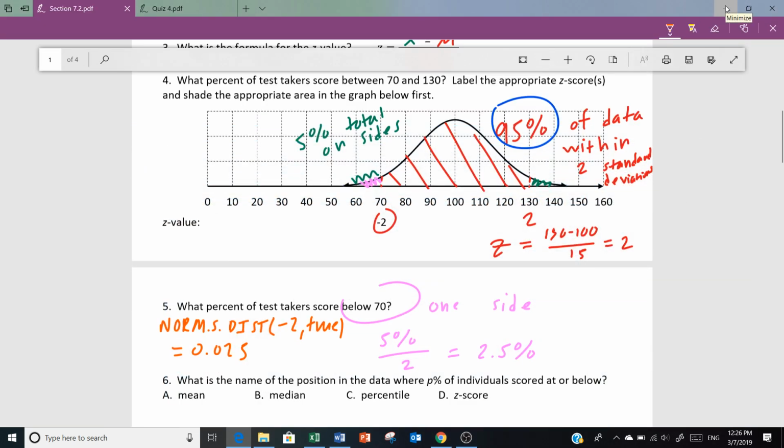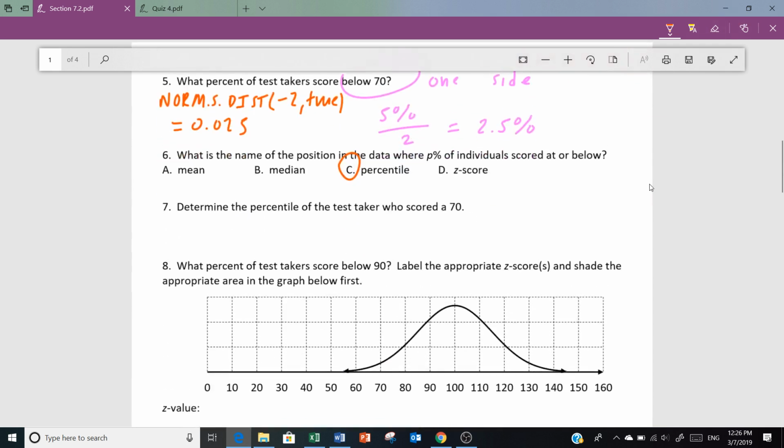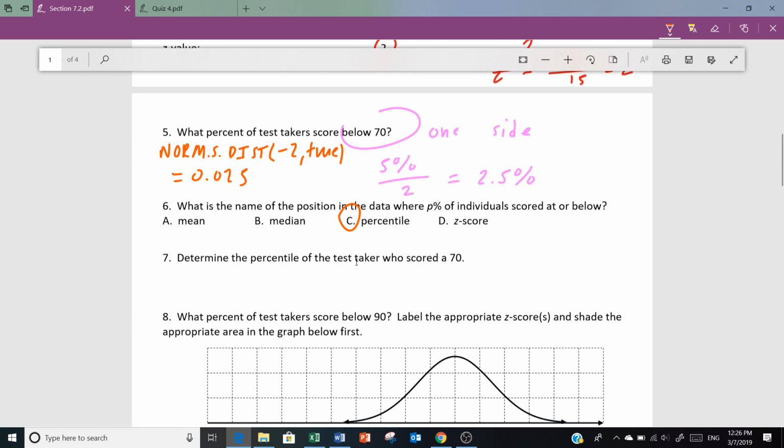Percentile is the correct answer, C. So what's the percentile of the test taker who scored a 70? Quickly discuss in your groups what you think it is. We know that 2.5% of the test takers scored below a 70, so that will tell us something about the percentile.